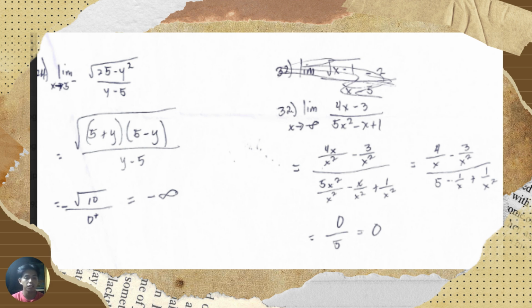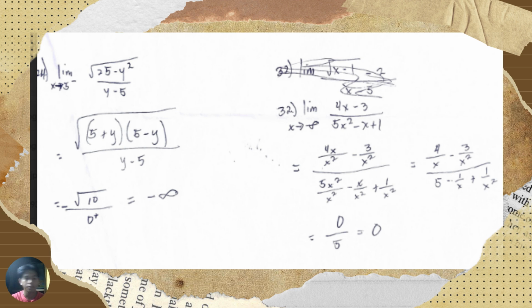And factor out, since it can be factored into 5 plus y times 5 minus y. And then, as you can see, if we substitute the 5, 5 minus 5 equals 0. On the other hand, 5 plus 5 equals 10.